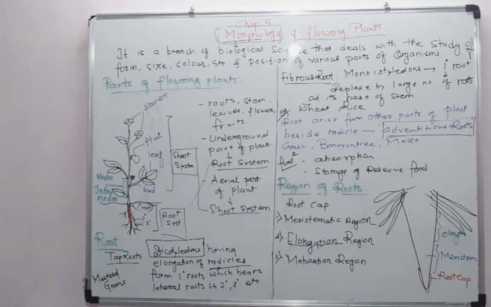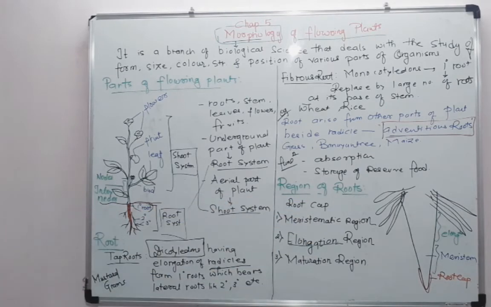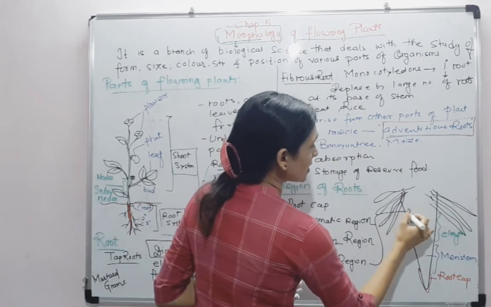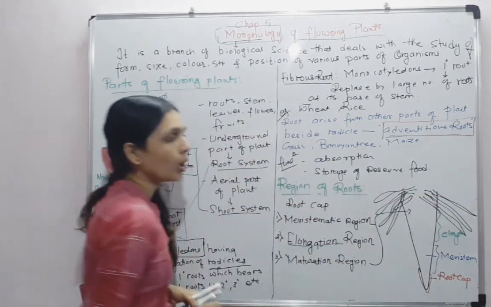Next and last one, that is the region of maturation. You can see the hair-like structure I have drawn, right? The region of maturation contains root hairs that help in absorption of water, we can say. Which are that? Elongation part is this, right? They have the root hair part. Root hairs.